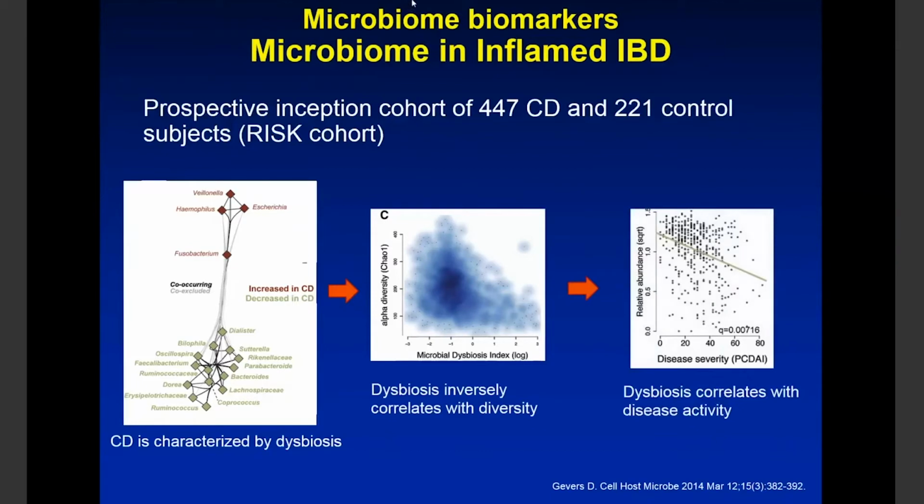And importantly, this dysbiosis correlated with disease activity. The RISK cohort mapped disease activity using the Pediatric Crohn's Disease Activity Index and showed that with higher PCDAI scores, the dysbiosis was greater and microbial diversity was less.